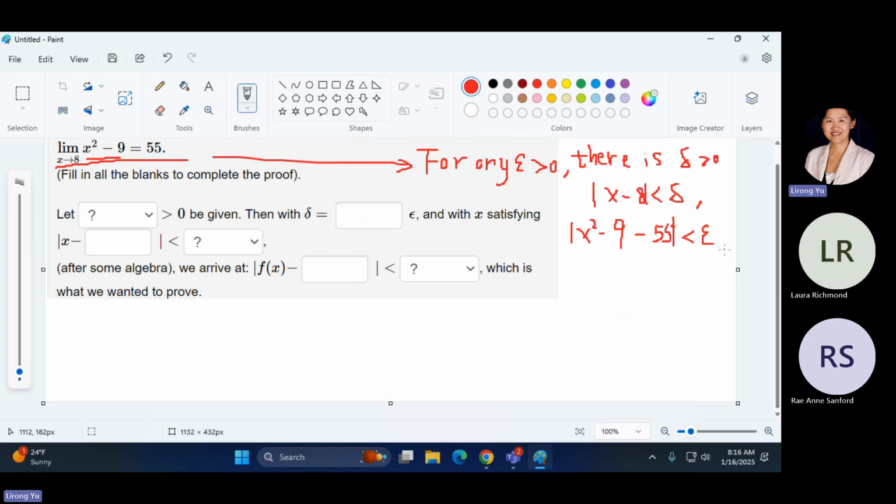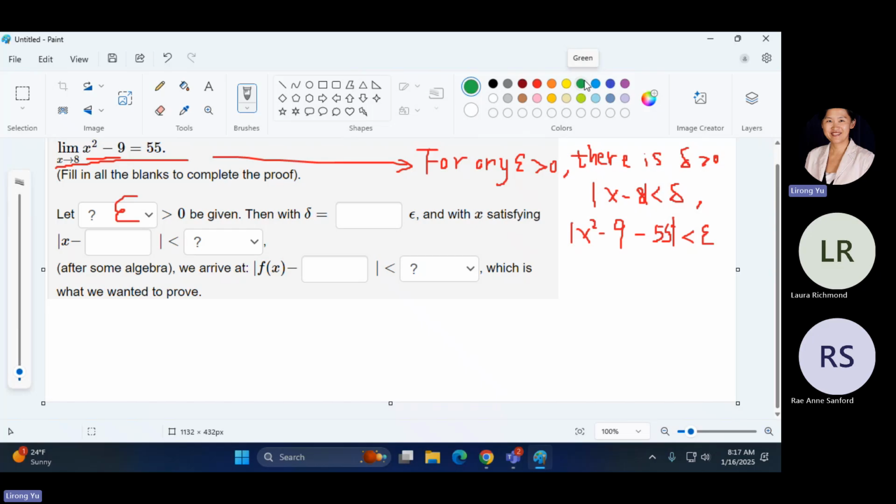When you look at this, the first thing is let this be given. So when you see epsilon, epsilon can be given as any number. So I think the first one will be epsilon. Just try to fill out the blank. This is supposed to be epsilon. And then there is a delta. This delta, we've got to find it ourselves. That one needs a little bit of calculation. Let's fill the rest. X minus c, x is approaching 8.